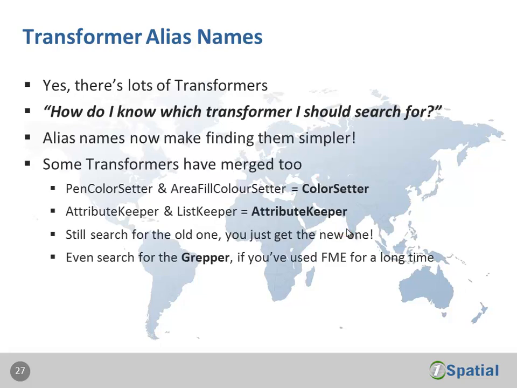Well, alias names make things a little bit simpler, because as transformers change over time, you don't need to keep remembering all the transformer names. Just search for a little bit of what you think you're looking for, and you should get there. Even if you remember old names for transformers, you can search for the old name and still get the new transformer.